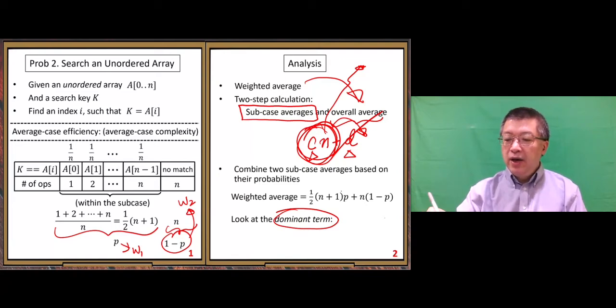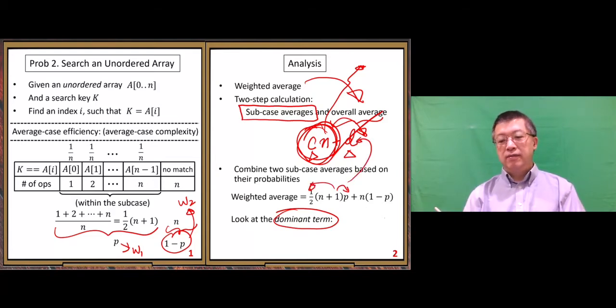When we get here, this 1 times P and then times 1/2 is that D, because it corresponds to the constant part. Then the C part. What's the C part? From the first term, we take 1/2 P times n, also the second term, plus (1 minus P) times n.